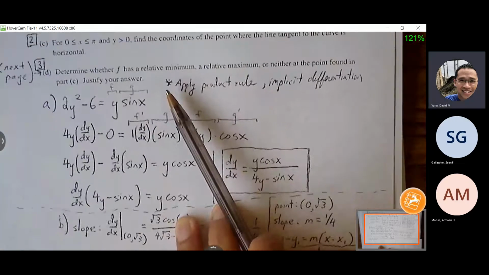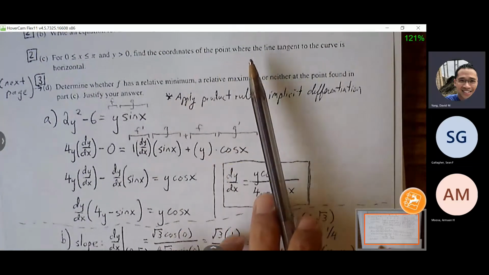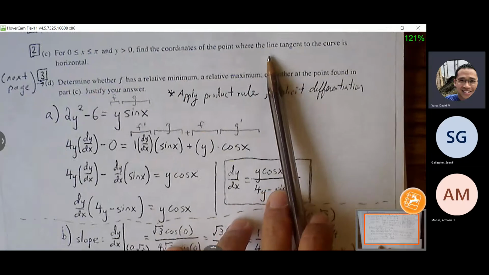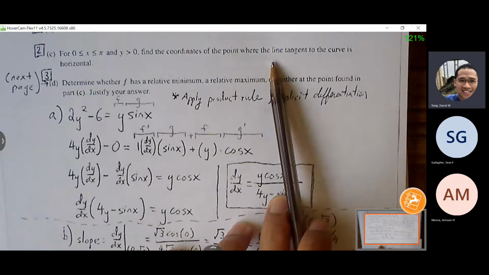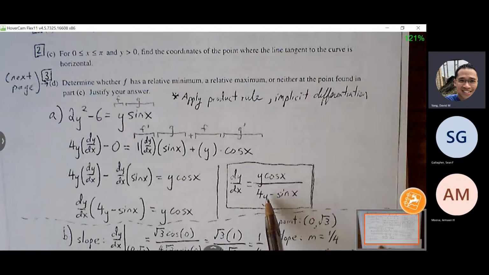Okay, part C. Find the coordinates of the point where the line tangent to the curve is horizontal. So that means where the slope is 0, where the numerator is equal to 0.